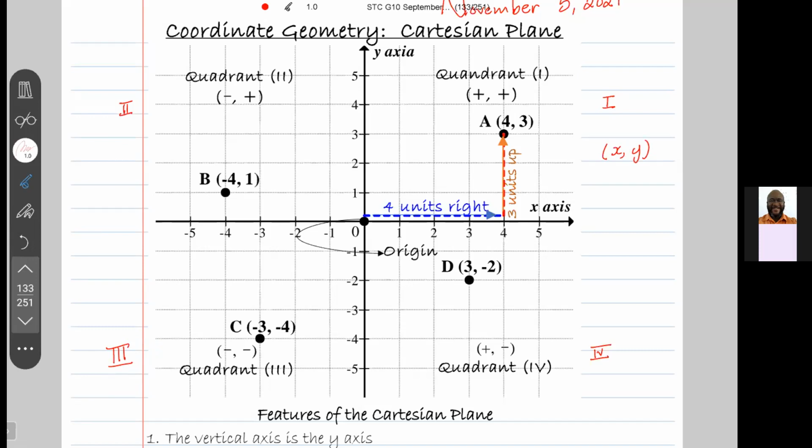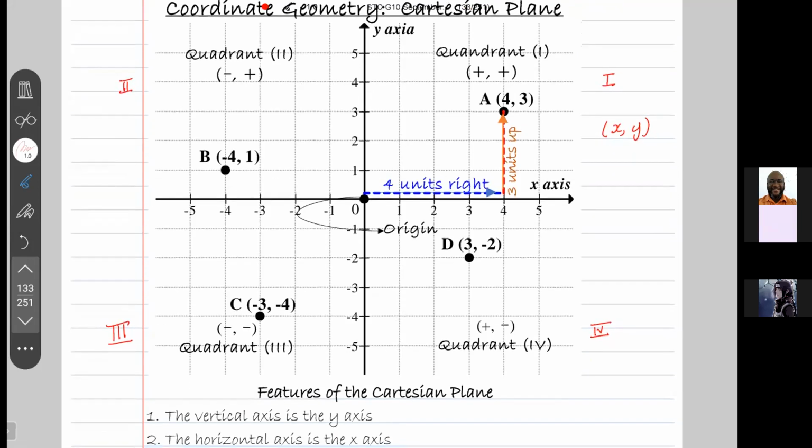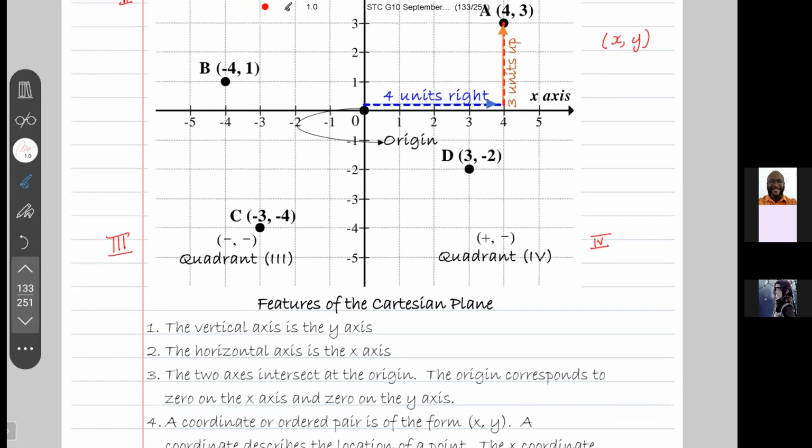What else? Guys, the sign of the x coordinate and the y coordinate depends on the quadrant that it is in. All right, so that is just me talking about the Cartesian plane. Let us just read some of the features.